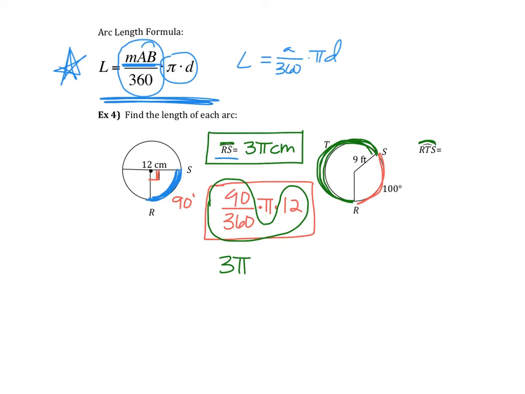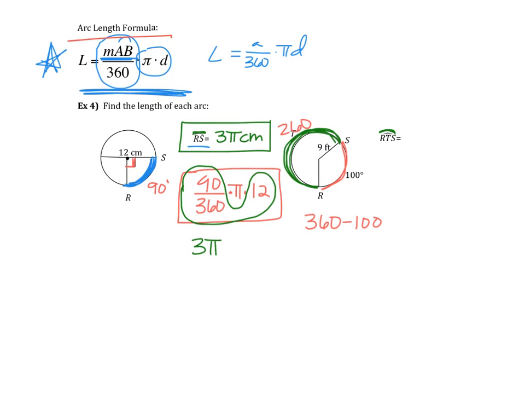So if that's making a complete circle, to find the measure of that arc, we're going to go 360 minus 100. So this arc is 260 degrees. Now we're going to plug it into the formula. So it's the measure of the arc, right? Here's the formula up here. The measure of the arc, so 260 over 360 times pi times the diameter.